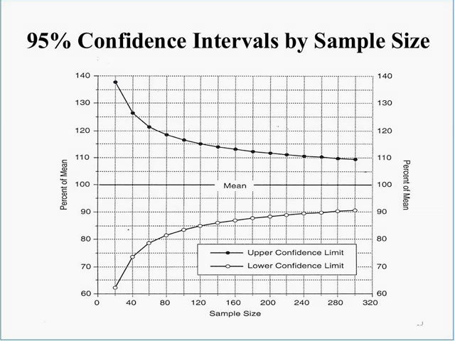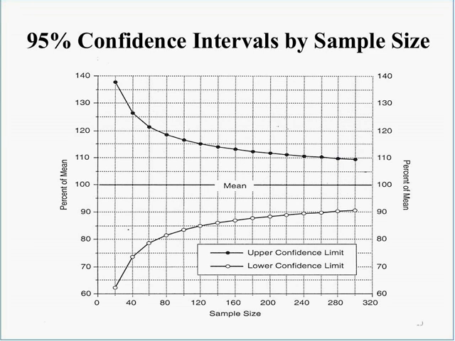But as the sample size increases from 20 to 40 to 60 to 80, et cetera, you notice the 95% confidence intervals, that means that we are 95% certain, 95% confident that the true mean falls within that particular pair of points.